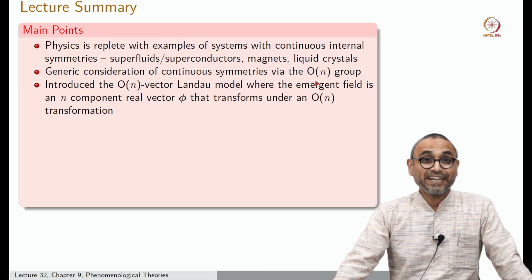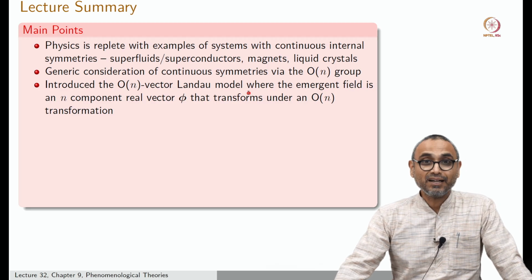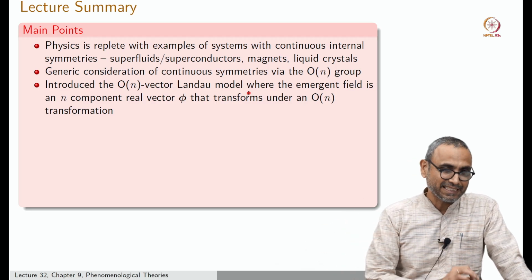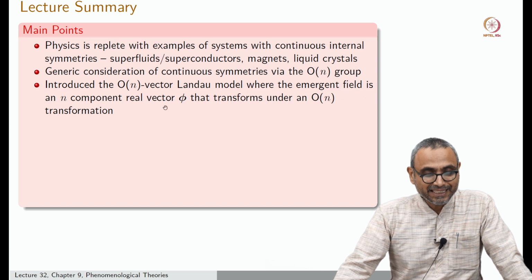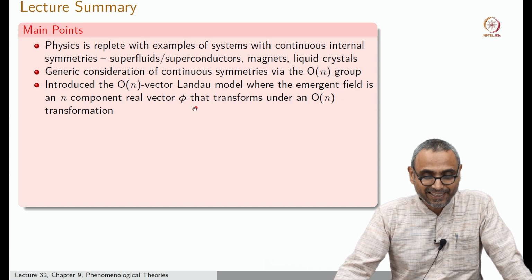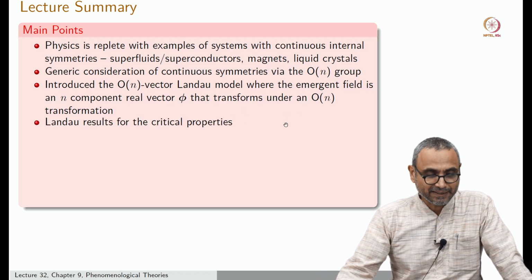We introduced and studied in detail the O(N) vector Landau model, and we briefly mentioned the O(N) tensor Landau model at the end of the lecture. The emergent field is an n-component real vector phi, which transforms nicely under this O(N) transformation.